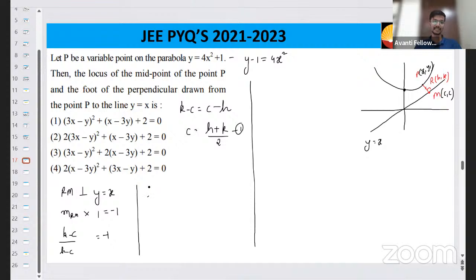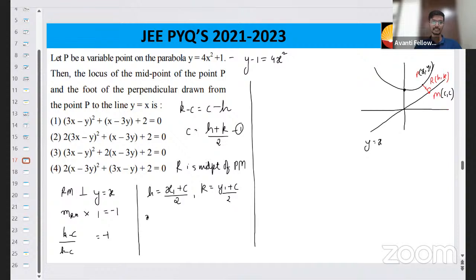That means I can write h as (x1 plus c) upon 2, and I can write k as (y1 plus c) upon 2. So from here, I'll substitute the value of c.